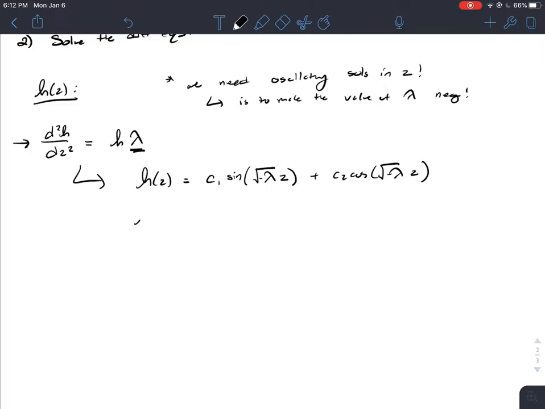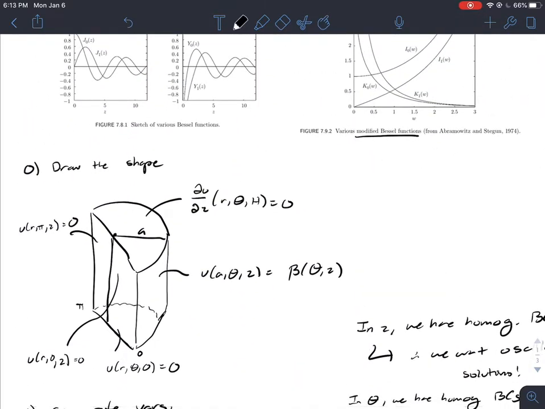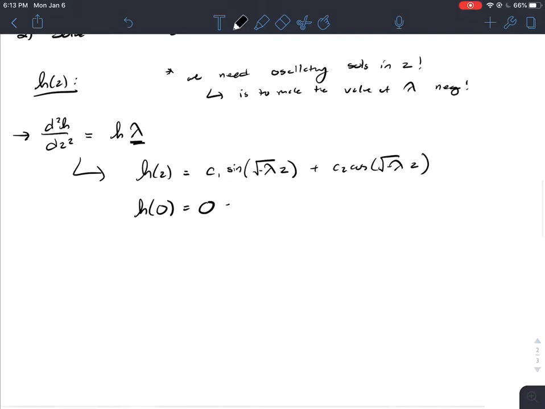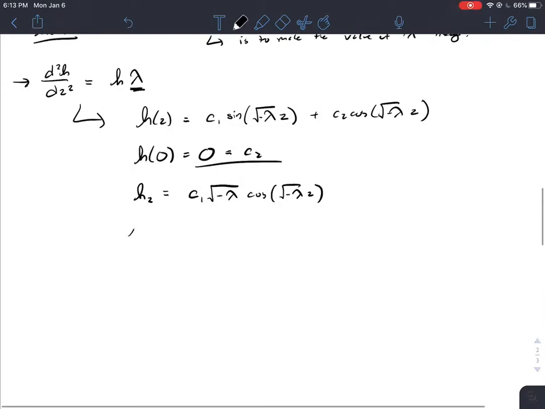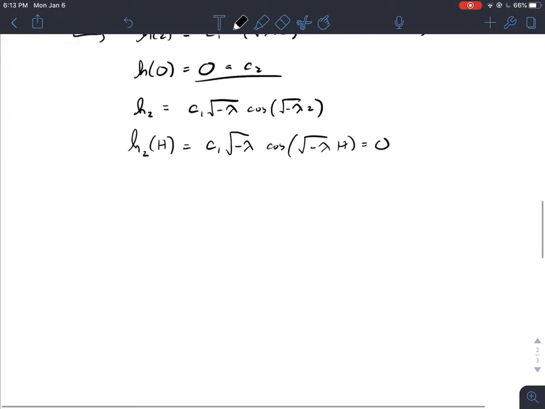And if we plug in the first boundary condition we're given, h of 0 is equal to 0, so the bottom is equal to 0, we get that C2 is equal to 0. Then we take the first derivative of this function, and that gives us C1 square root of negative lambda cosine square root of negative lambda times Z. And then evaluating this first derivative at h gives us that C1 square root negative lambda times cosine of square root negative lambda h is also equal to 0.